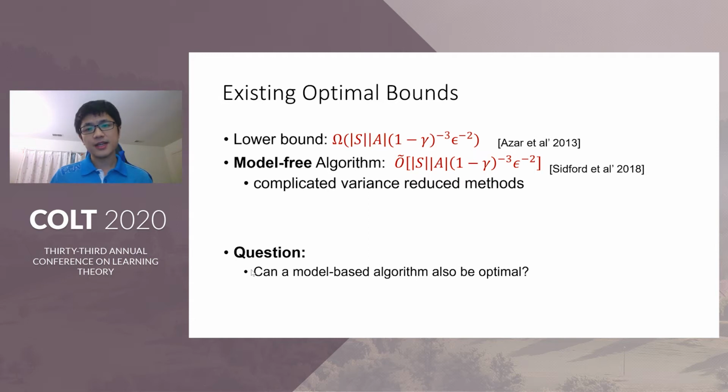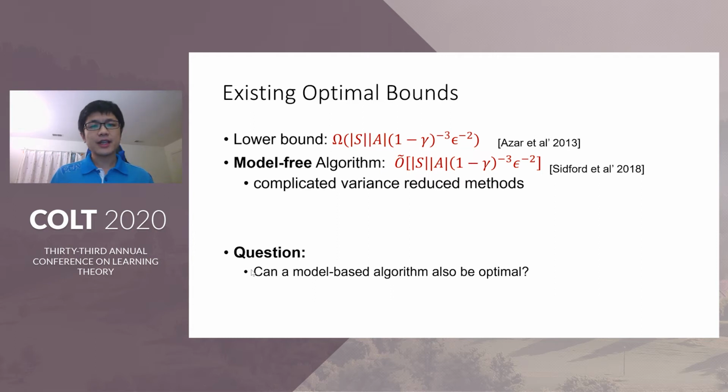For instance, Azar 2013 gives an information theoretical lower bound saying that no matter what algorithm you use, the number of samples required to get an epsilon optimal policy with constant probability is proportional to the number of states, the number of actions, and 1 over (1 minus gamma) to the power 3. Remember that gamma is a number very close to 1, so 1 over 1 minus gamma is very big.